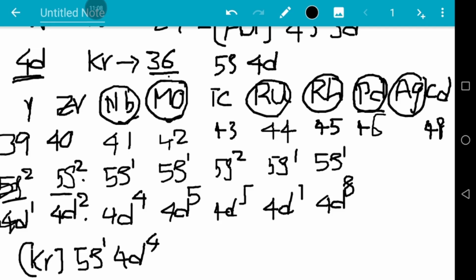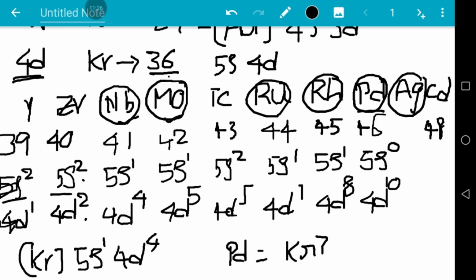The remaining 10 electrons are in 4d10. So the palladium configuration is krypton, 36 already completed, and after that 5s0, 4d10. Totally 36 plus 10, 46.